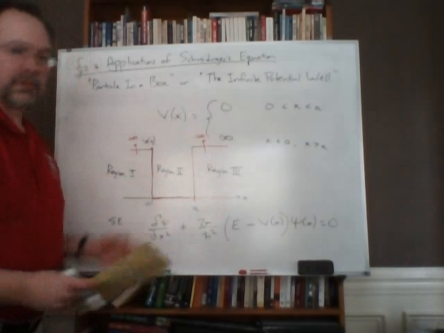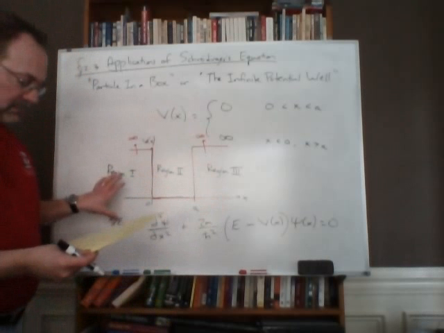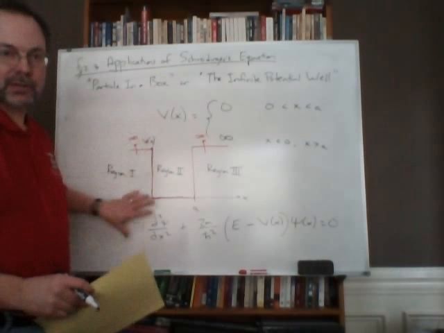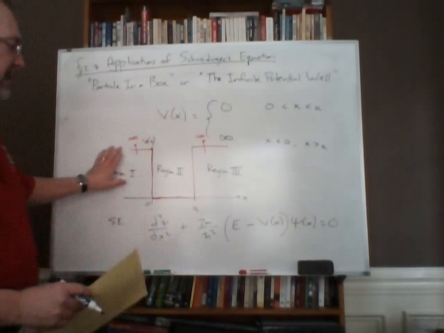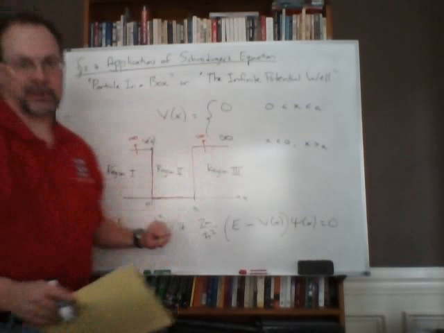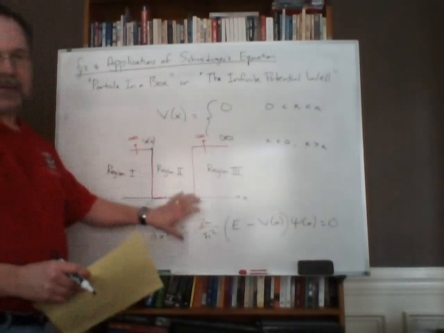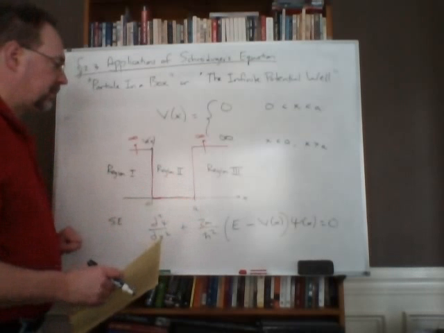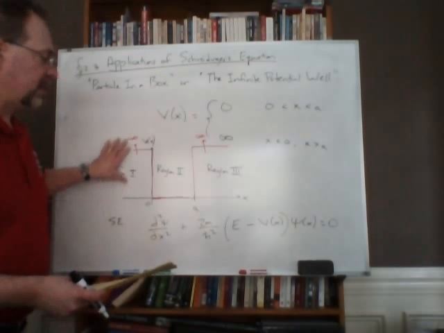Now, here is our strategy. We're going to set up Schrodinger's equation in each of the three regions, or at least in this case, we're going to have V be infinite in regions 1 and 3, so we're just really going to make a conclusion there.